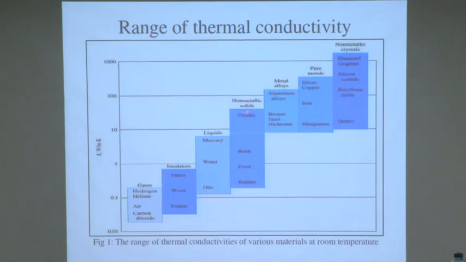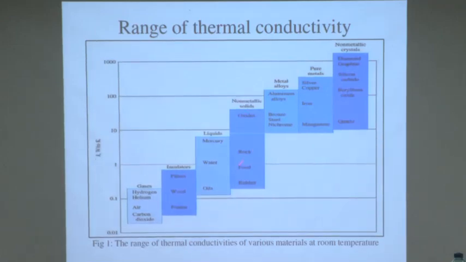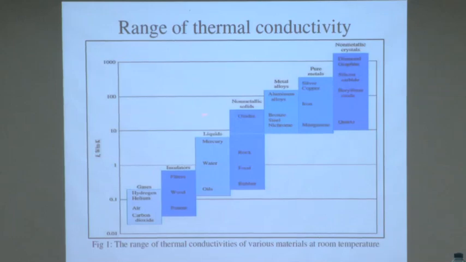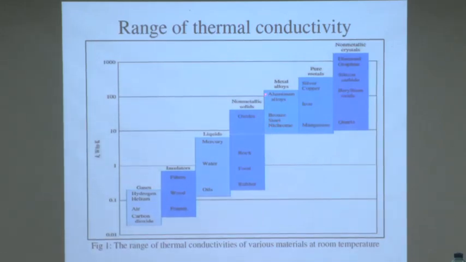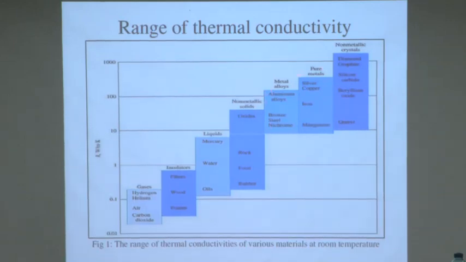Then non-metallic solids, some oxides, rock, lie in this range, from 50 to even below 1. Then the alloys, aluminium alloys, bronze, steel, nichrome, fall within this range, a little more than 100 or below 100. Then come pure metals.